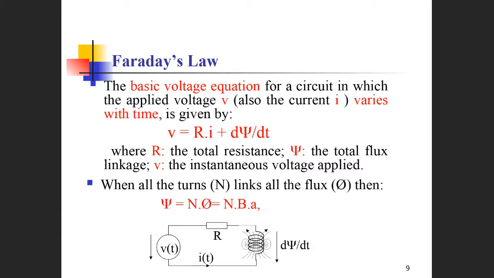Now we come to a complete electric magnetic circuit as we show here. Suppose we have an electromotive source that has a voltage changing with time. Here we use V(t) to represent it. On the circuit, we have a resistor R. We also have a coiler.